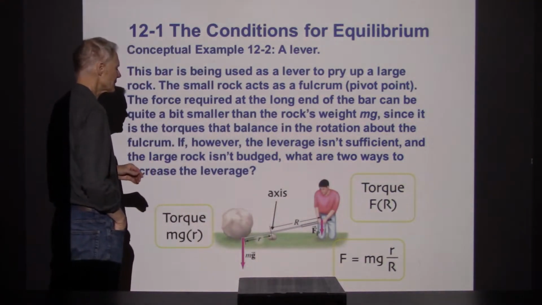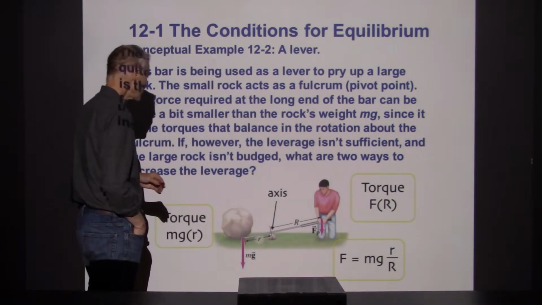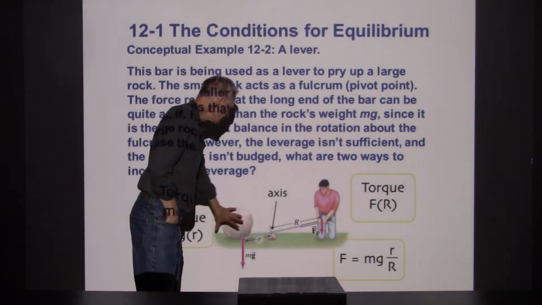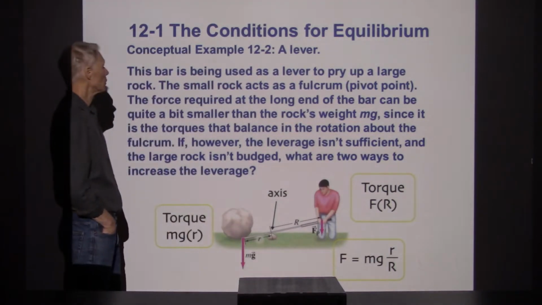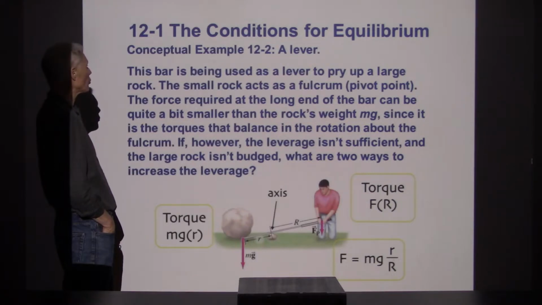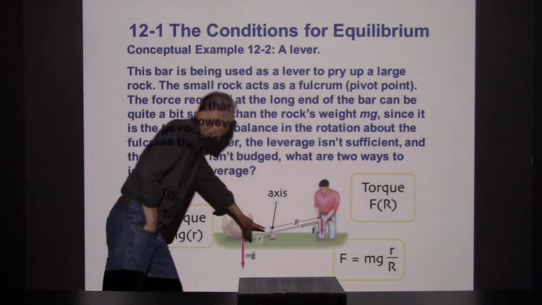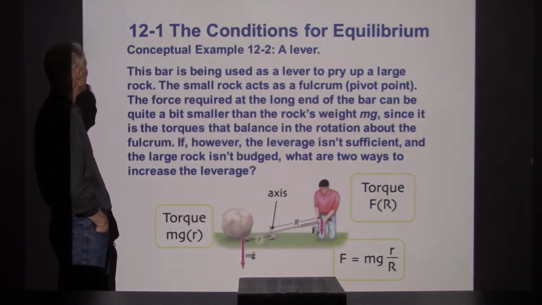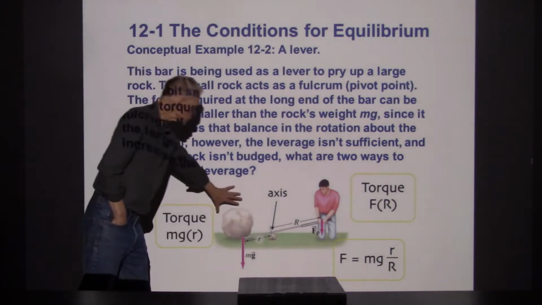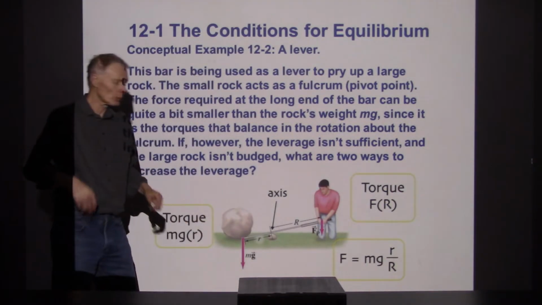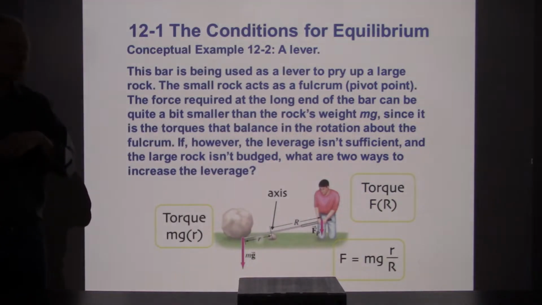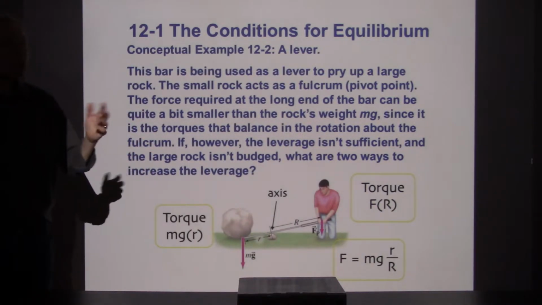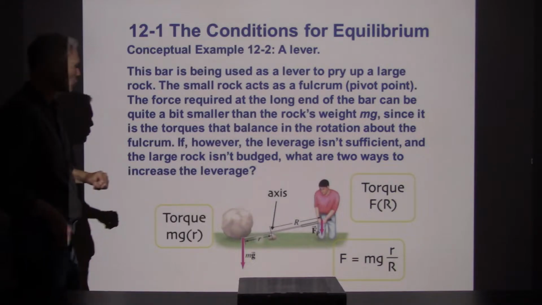This, it says, is a conceptual example, but what we're doing is there's an enormous boulder here, a rock, a small rock. Oh, the small rock is here. So the small rock is here, and that's the large rock. And what we want to do is pry this up, so maybe push the rock down the hill, I don't know. So we're going to lift this really large rock.